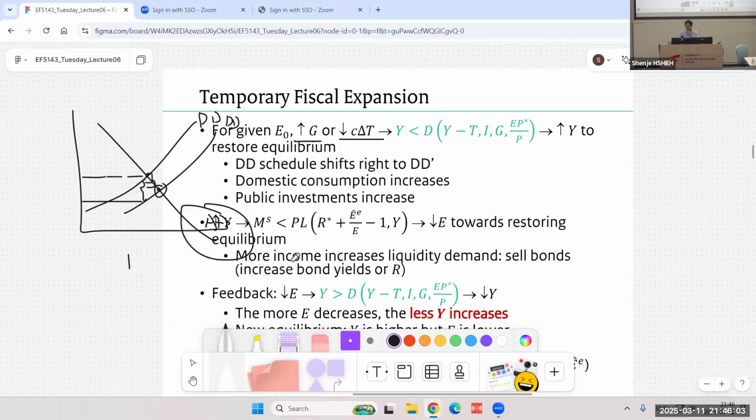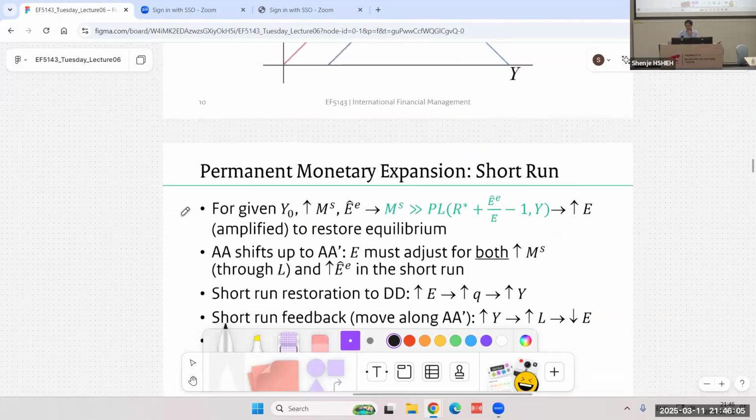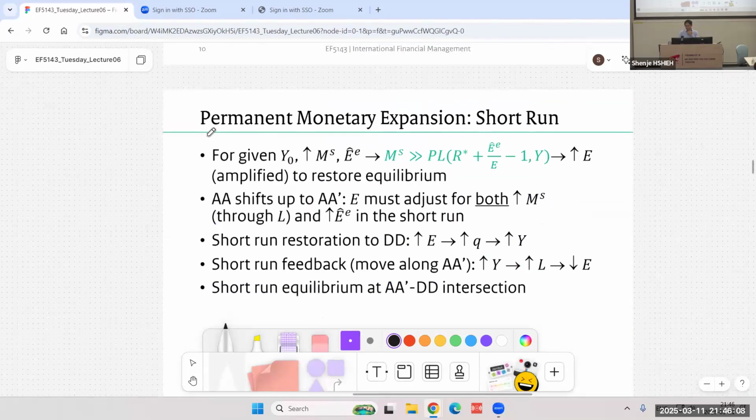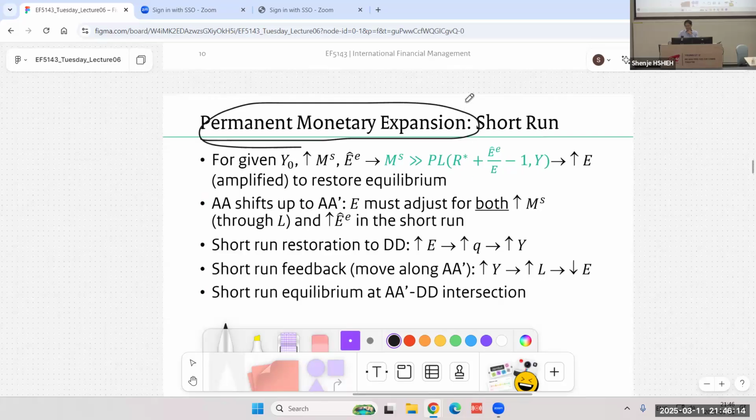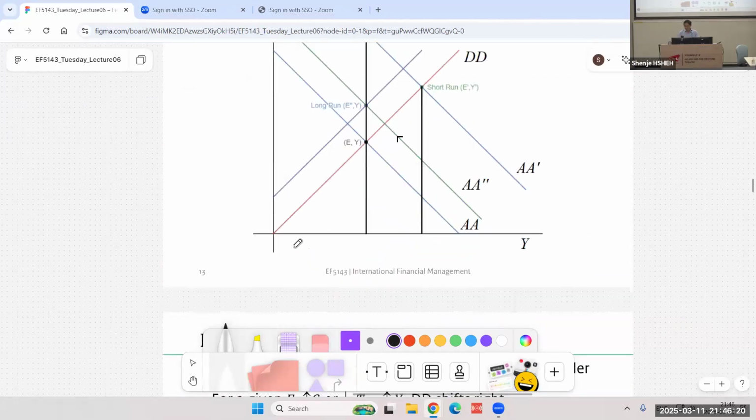Changed positive. All right. The hard part is this permanent stuff, right? This is the most confusing part. So for monetary policy, I think it's not too bad, so maybe I'll show you the picture.